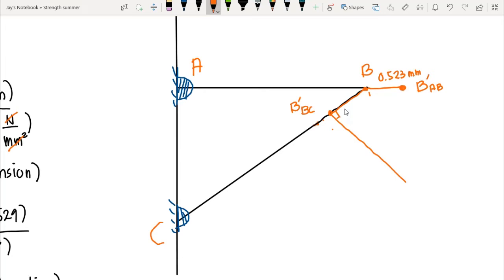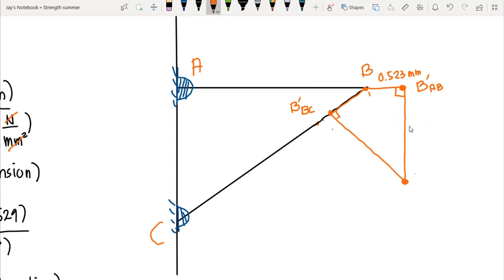After that, we draw a perpendicular projection of this horizontal axis. So we draw a perpendicular. So therefore, this one is perpendicular. So our location of B here is the intersection of these two lines. So the intersection of this line and this line, in which the intersection is at this point.